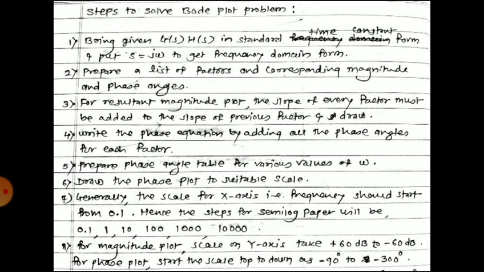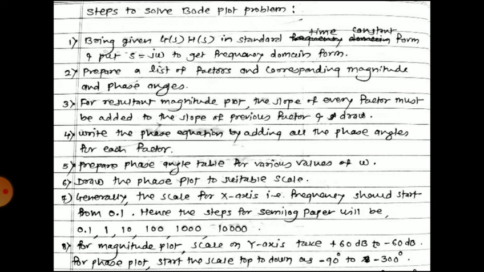List of factors means we have to find out the system gain K, then the simple poles or zeros at the origin, then the simple poles and zeros and quadratic poles. Third, for the resultant magnitude plot, the slope of every factor must be added to the slope of the previous factor, and then we have to draw.